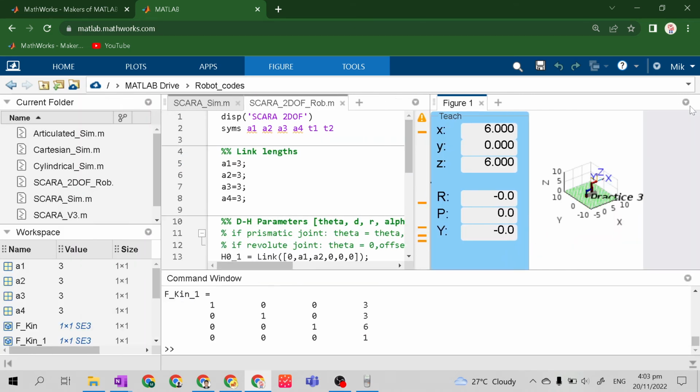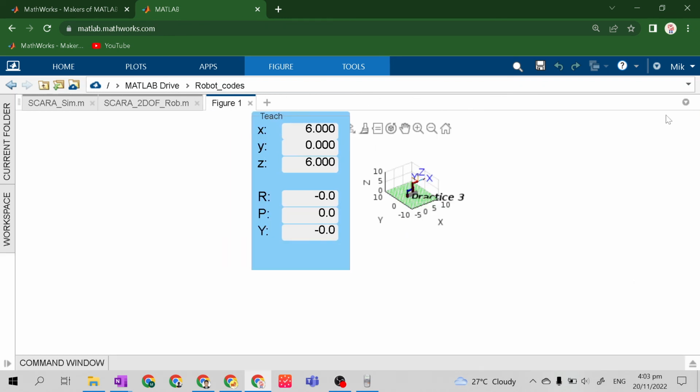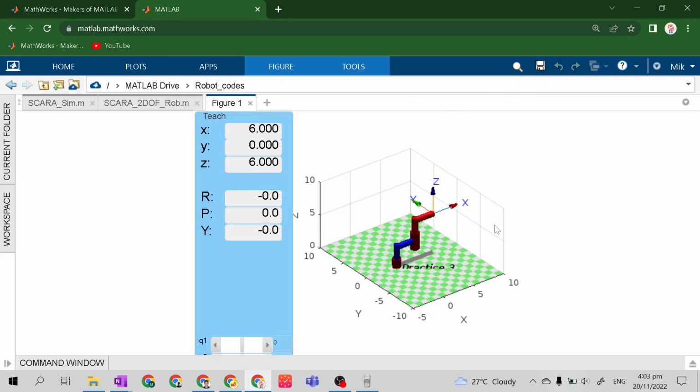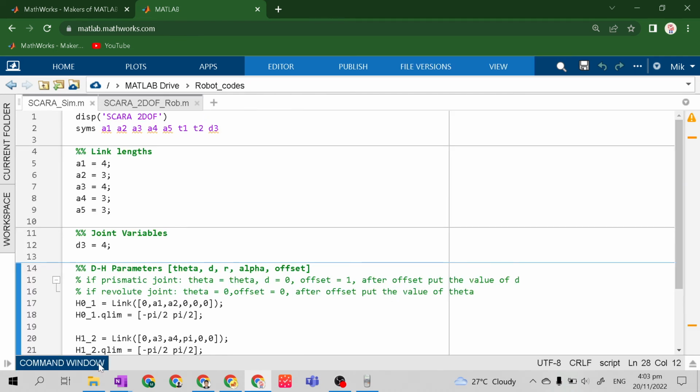Okay, I'm just fixing the size. Oh, it's not getting better. Okay, again.